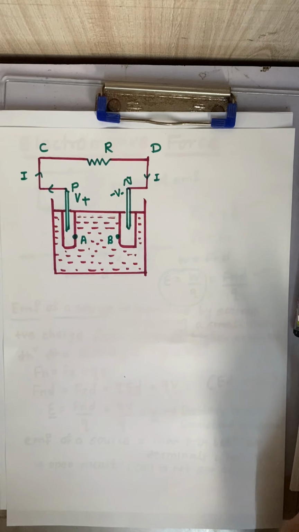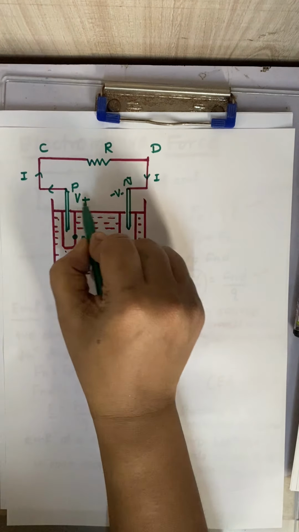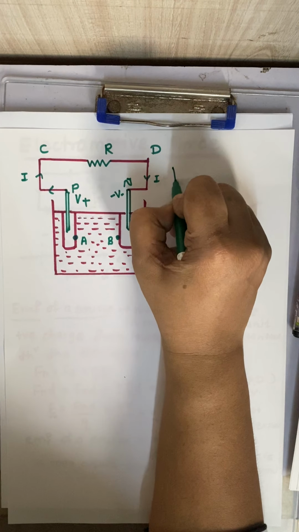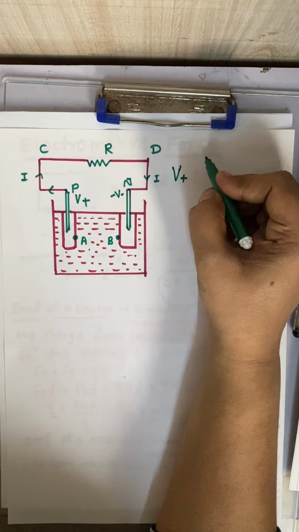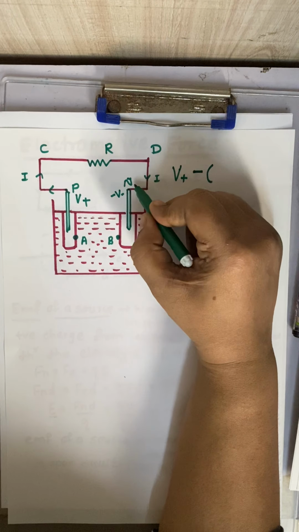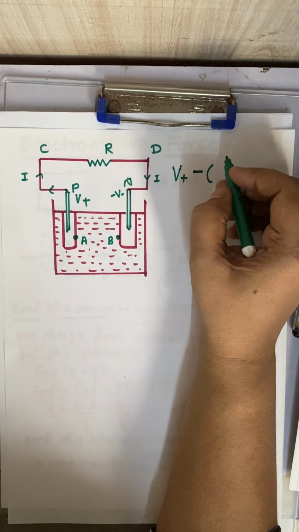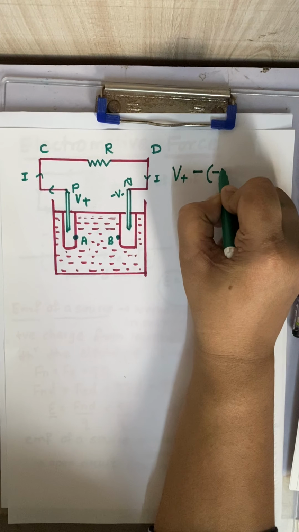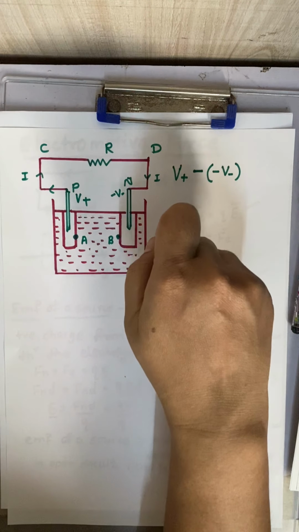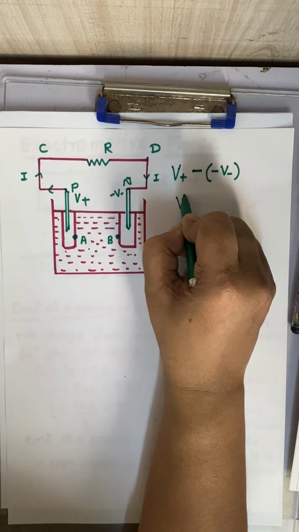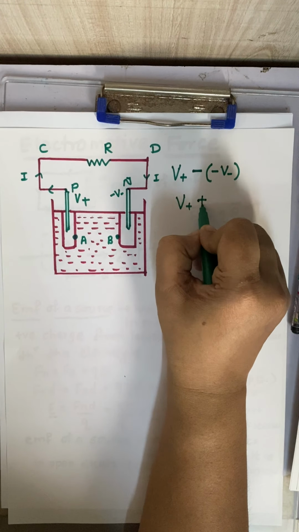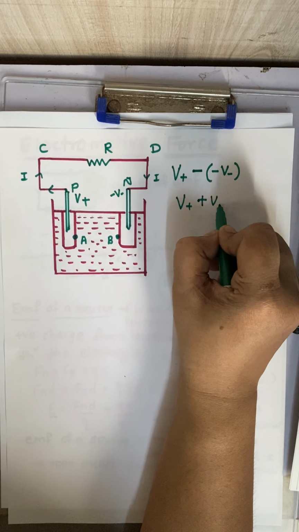The potential difference between P and N is given as V plus, because P is at high potential, and as it is a difference, a minus sign is there. The negative electrode N we have said develops the potential minus V minus. So together the potential difference is V plus, and minus of minus becomes plus, V plus and V minus.